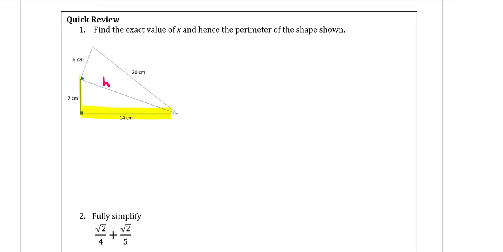Okay, so first lot of Pythagoras' theorem, we're finding the hypotenuse, which has the formula h equals square root of a squared plus b squared. The two sides that I am using are the 7 and the 14. Putting that into your calculator, we can do that for the underneath part of the surd, but we do want an exact value for our final answer.